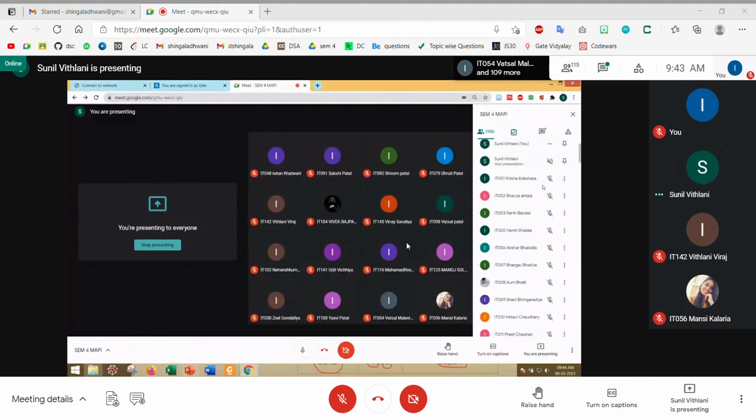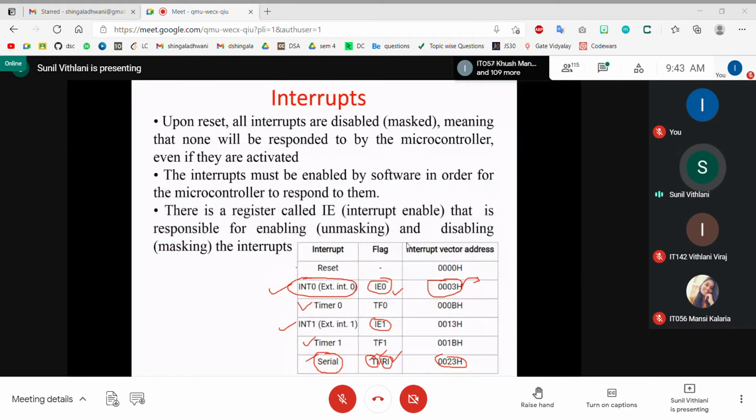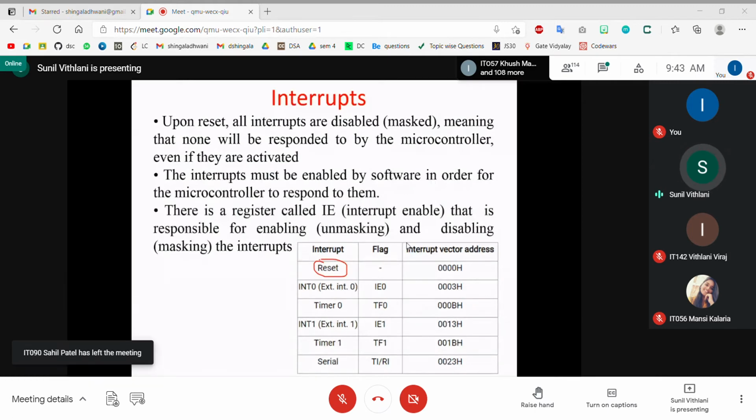So that is about the interrupt, and this is the reset interrupt. When we press reset, the controller will jump by default to vector address 000.